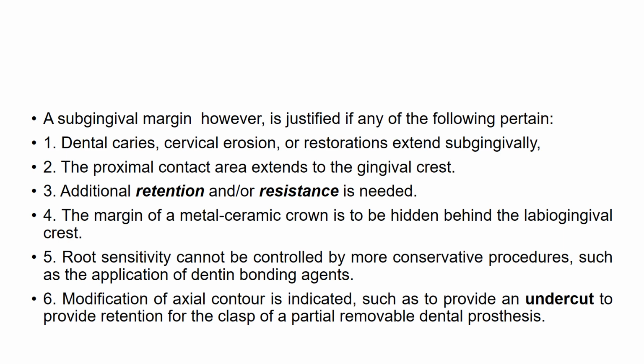Since the tip of the clasp goes in the cervical undercut, in order to cover and protect this area, the crown margins have to be extended subgingivally so that the clasp does not end at a margin which is supragingival. So these were the indications for subgingival margins and also the advantages that these offer.